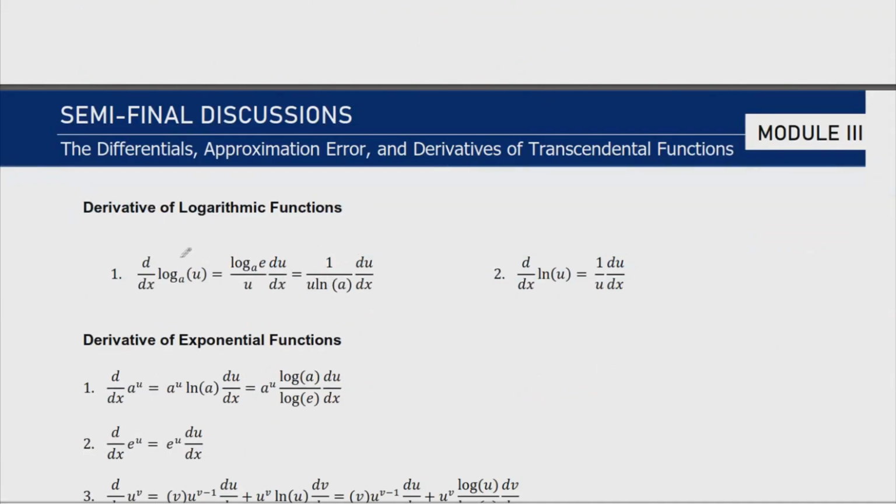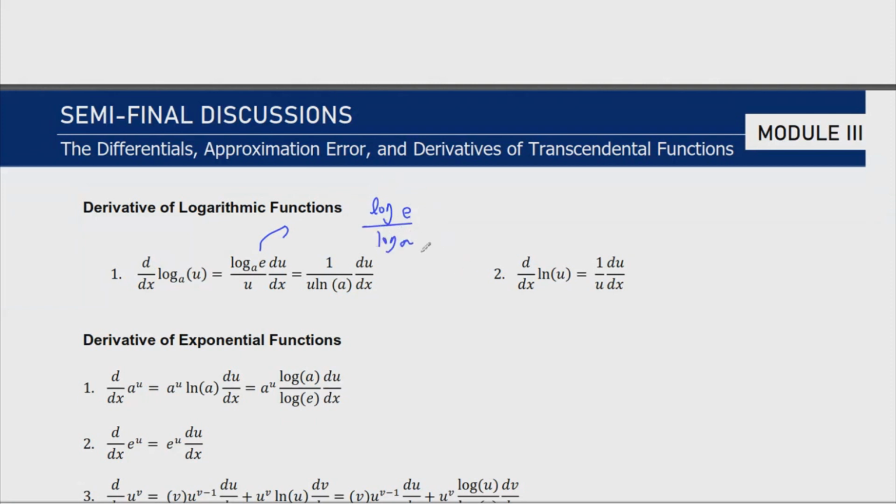of logarithmic functions, and it says here that we only have two. So if you have the logarithm of u with base a, that's actually taking the log of e base a over u, or you can express that in terms of 1 over u and then the ln of a. So again, this ln of a came from rule number 8, because this log of e base a, we can actually express that in terms of log of e over log of a.